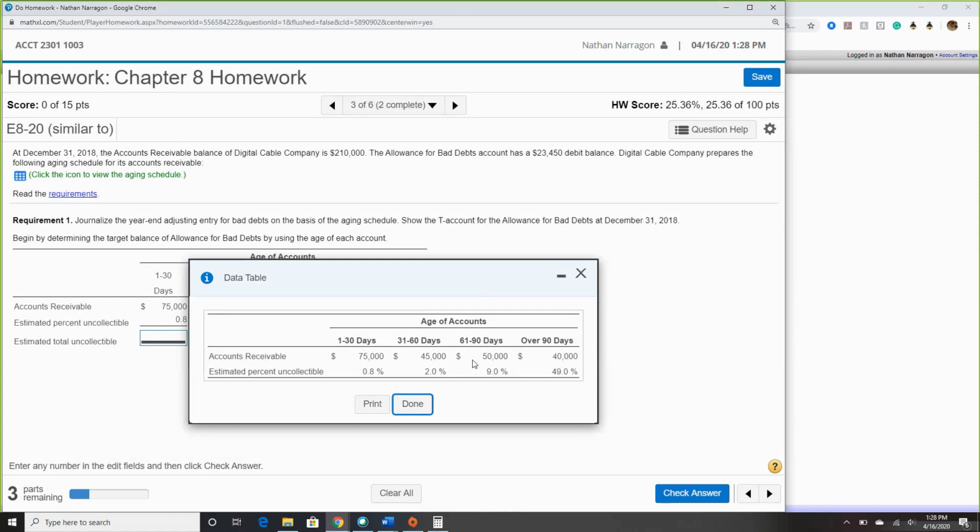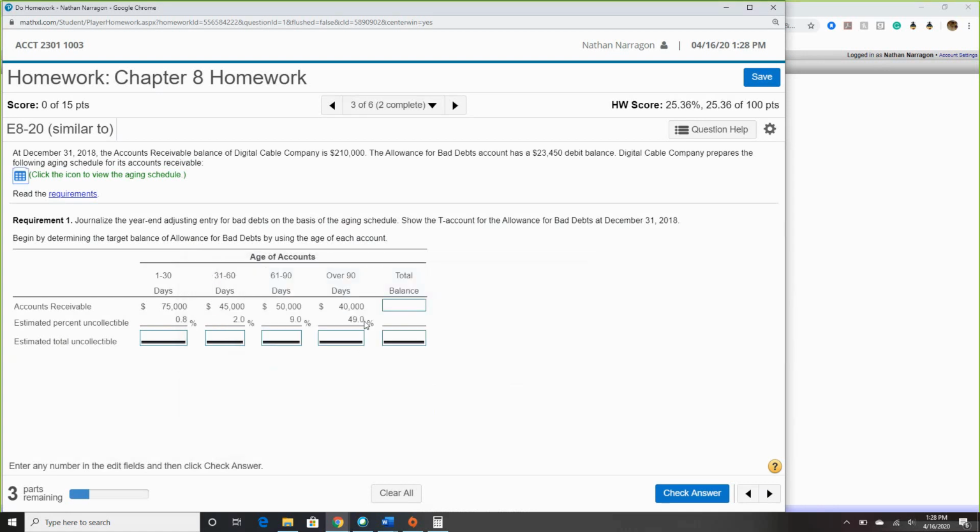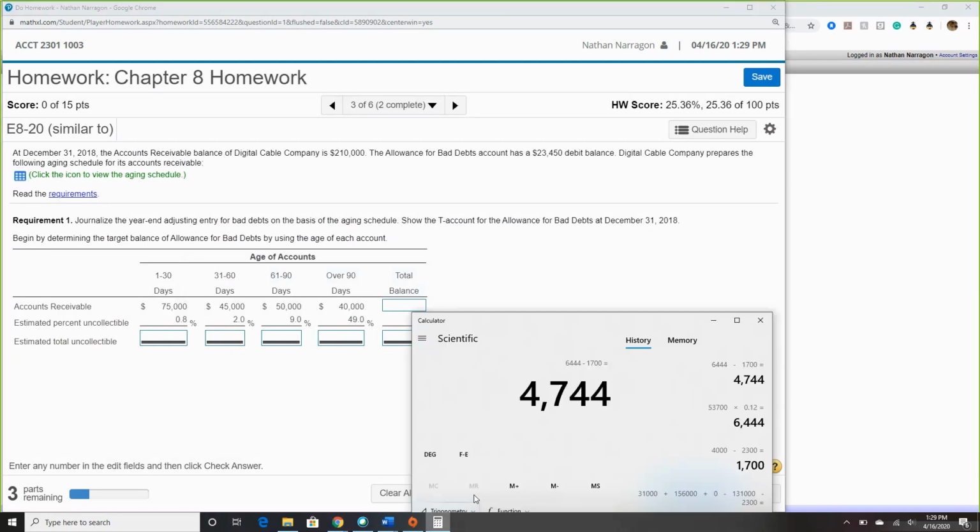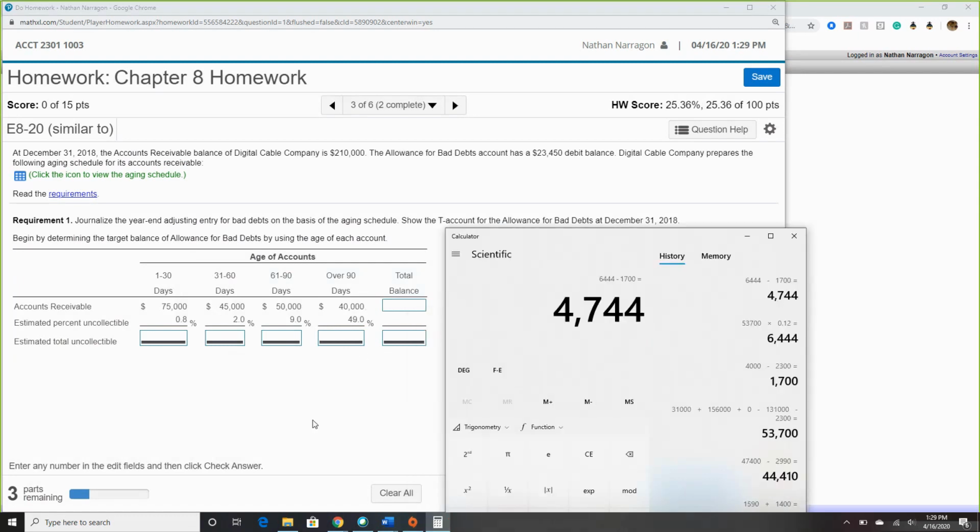Doesn't really give us anything there. Love how it does that. And really all we have to do is compute or calculate right now the age of accounts. Again, there's 3 parts to this. This is just requirement 1. So we need our calculator. Go ahead and do the total.